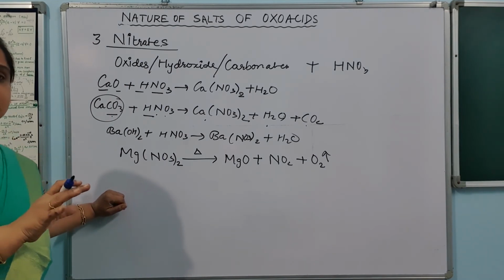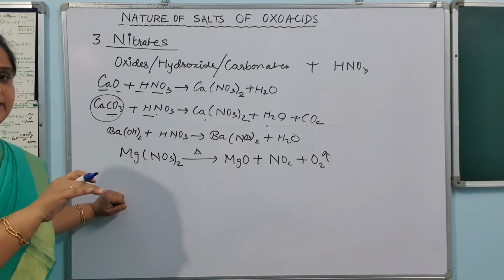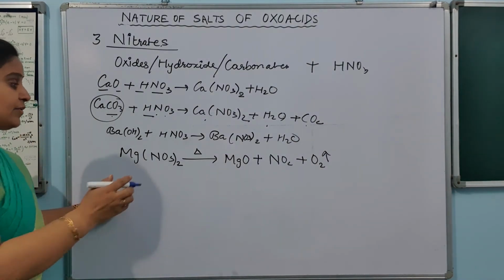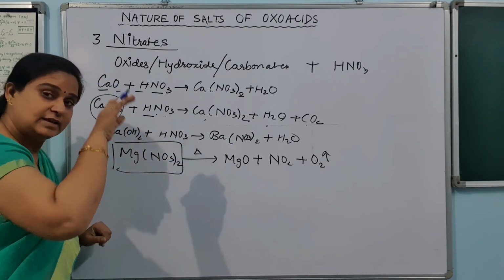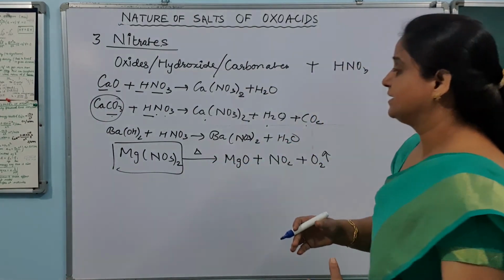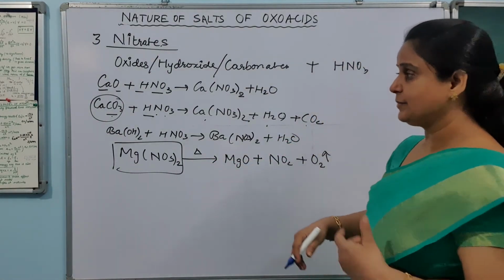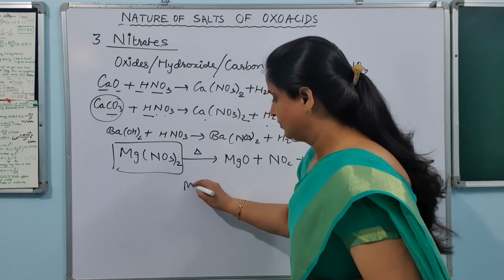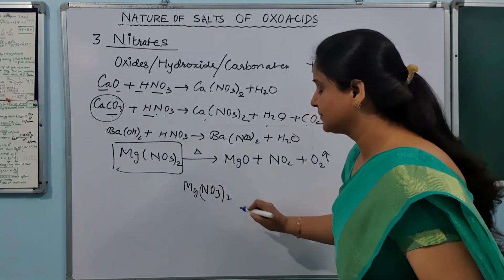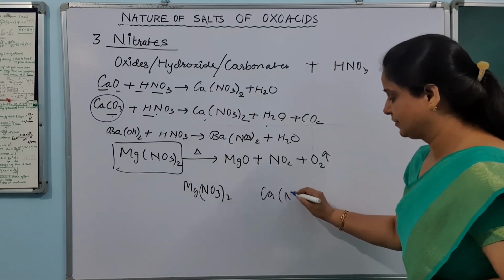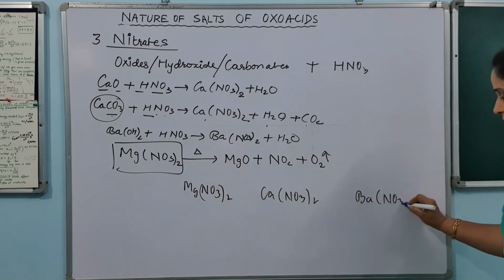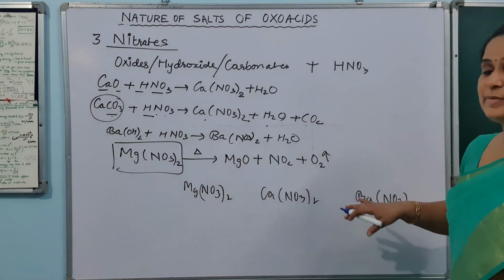अच्छा, second thing is that जो lower nitrates हैं, they cannot be decomposed easily. Means the stability of these nitrates increases up to down. So if you want to arrange the nitrates in order of their increasing stability, how are you going to arrange? If you are given Mg(NO3)2, Ca(NO3)2 and Ba(NO3)2, which out of these will be more stable?